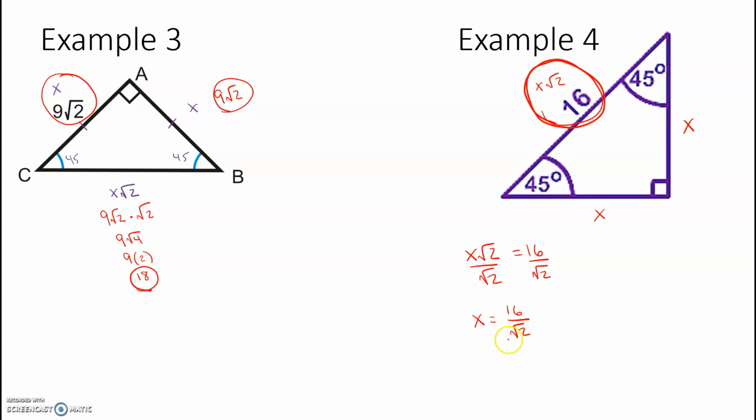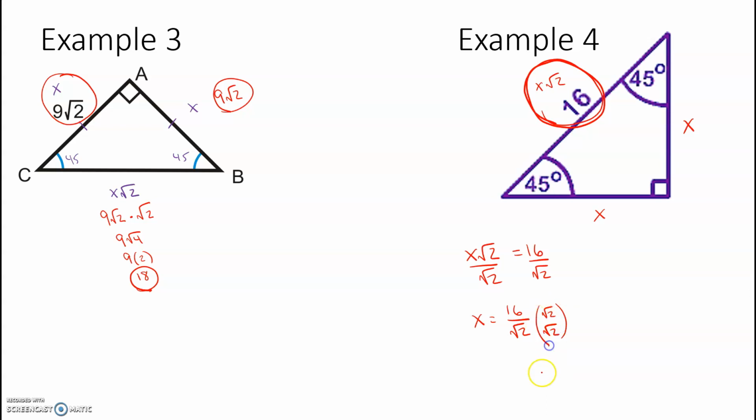Now, if that was the only thing we had to do, this problem would be way easier. But unfortunately, you cannot have a square root in the denominator. So we call this rationalizing the denominator. It's getting rid of a square root. So in order to get rid of this square root, we've got to multiply it by itself, square root of 2. Well, whatever we do to the bottom, we're going to do to the top as well.